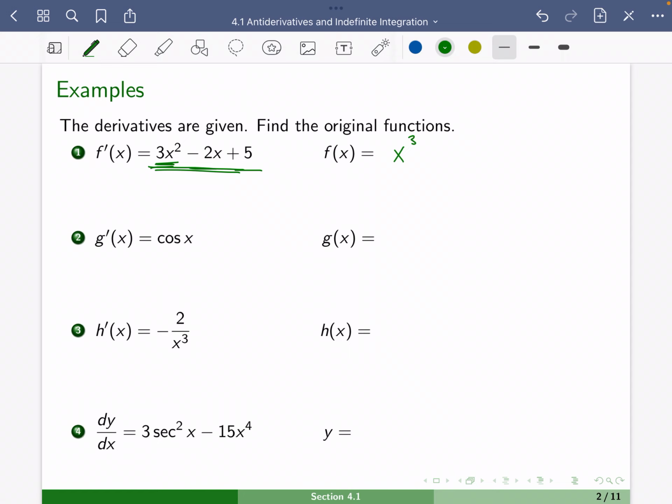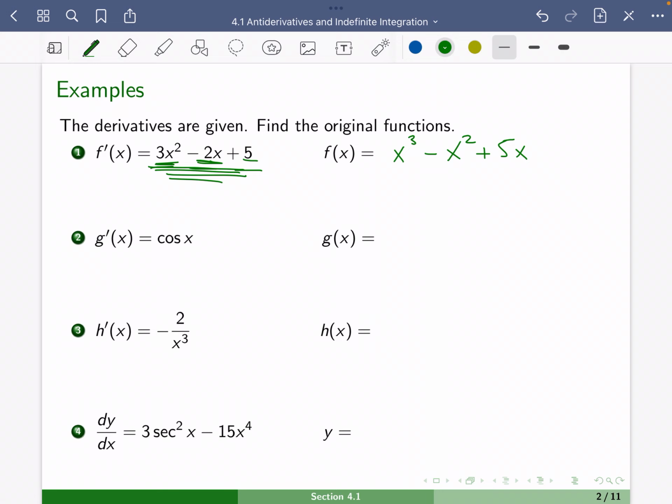What function has negative 2x as a derivative? That is the derivative of the negative of x squared. And 5 is the derivative of 5x. So x cubed minus x squared plus 5x has this indicated derivative.